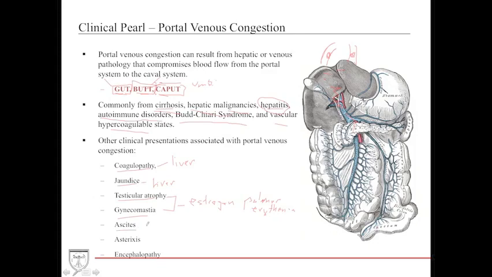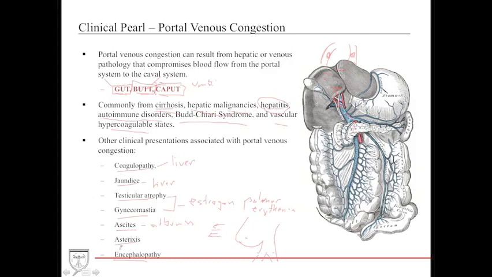Ascites is because your liver makes albumin, and if albumin is not present, there's no proteins pulling the water into the blood vessels. So if no water is coming into the blood vessels, all the water can leave, and that's when you get people with these really big bellies. And then the last one is where you have asterixis and encephalopathy. Encephalopathy is just because all these waste products that the liver usually takes care of can't really be excreted or eliminated, so it causes your brain to malfunction.